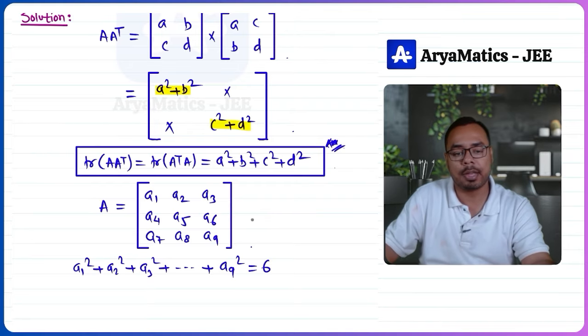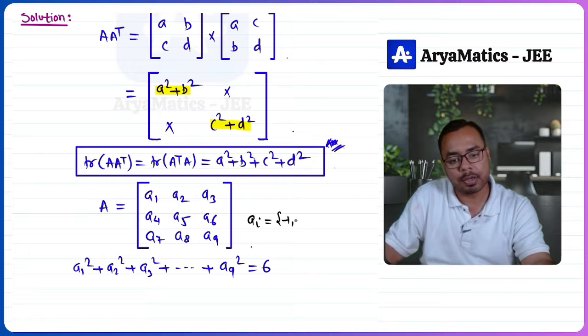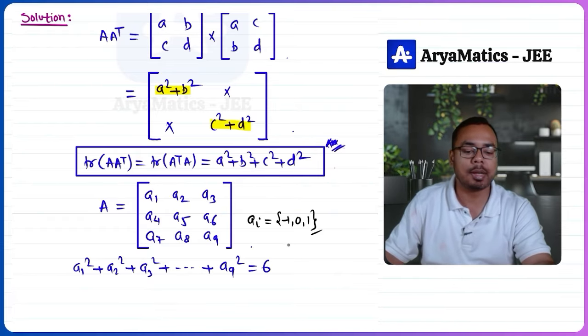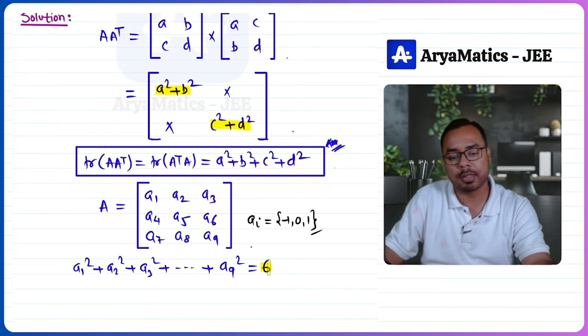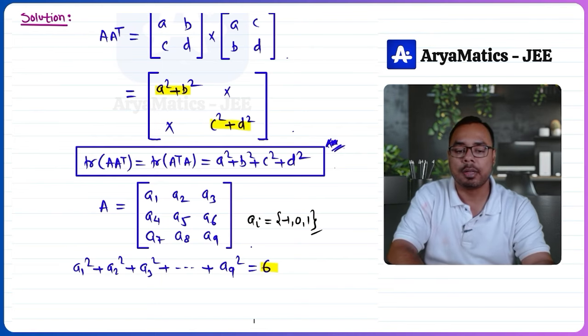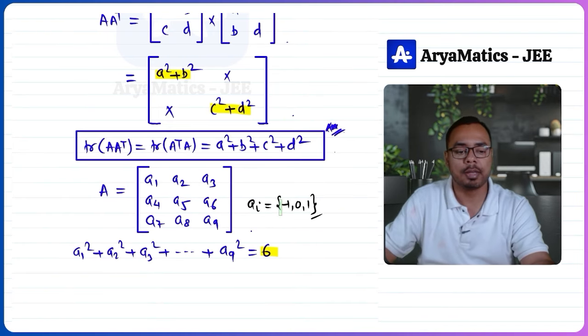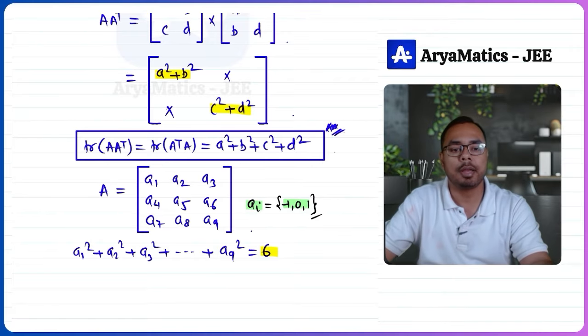And here it is given that the different elements of this set, they are either -1 or 0 or +1, right? So now we have total 9 variables, A1, A2, A3 up to A9. Sum of their square, this is 6. And each variable can take only these three values. Either you can take A1 as -1 or 0 or +1. Same thing for A2, A3 up to A9, right?